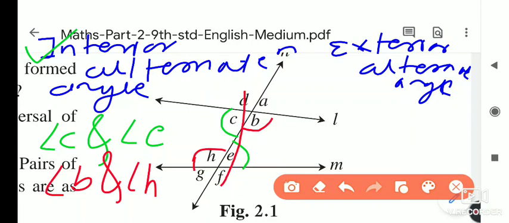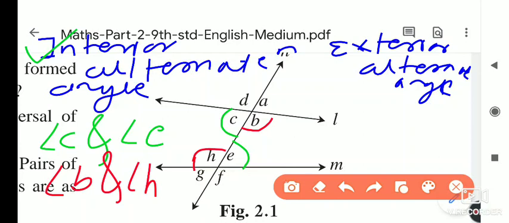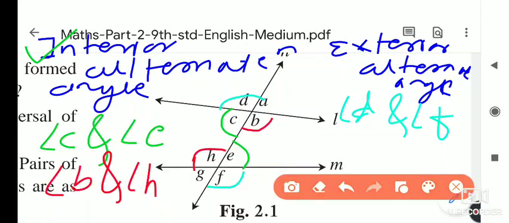So here angle D and angle F are exterior alternate angles. And angle A and angle G is another pair of exterior alternate angles. In this way, A and G is the pair of exterior alternate angles.